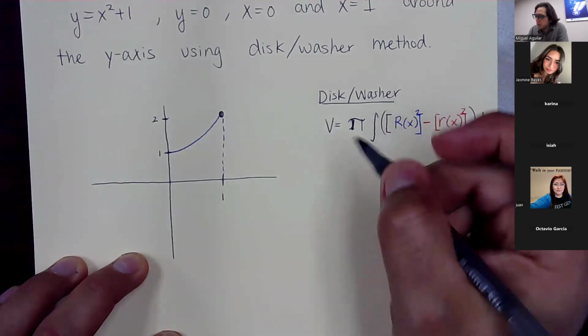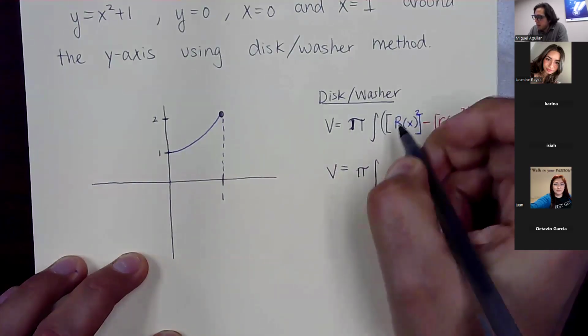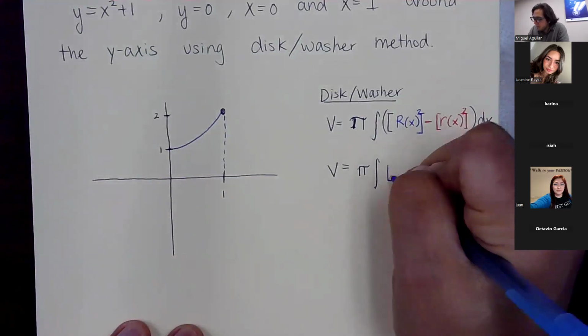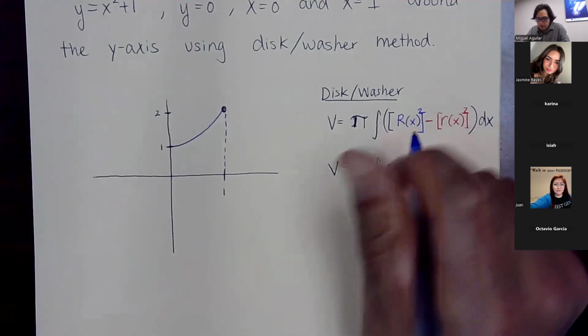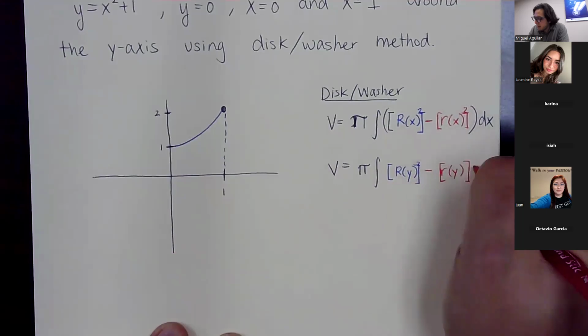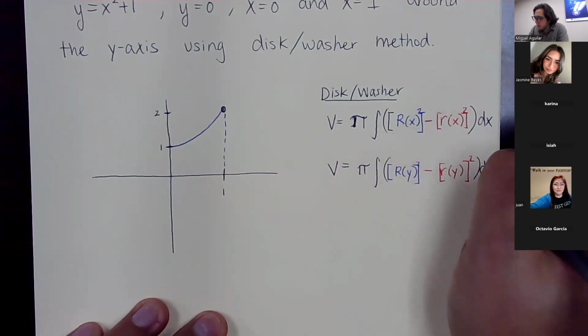If it was a function in terms of y, then it was pi, and then same deal, r in terms of y squared minus r in terms of y squared, and then that whole thing dy.